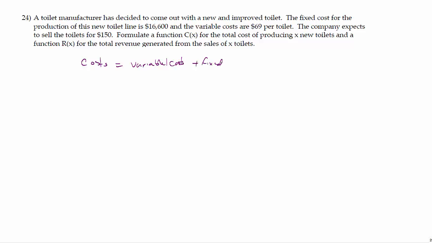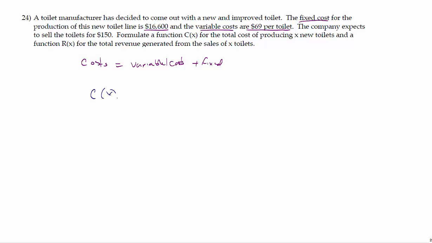Your fixed costs are things that don't change, like maybe your rent, regardless of how many units you make, and then your variable cost will fluctuate with the number of units. So up here, I'm told that I have fixed cost of $16,600 and variable cost $69 per toilet.